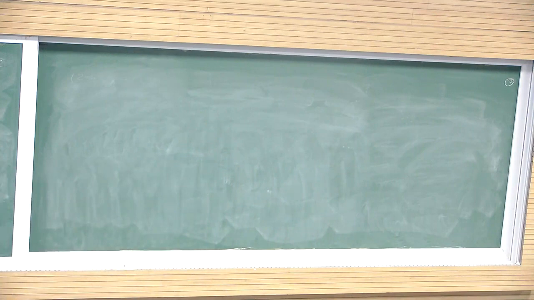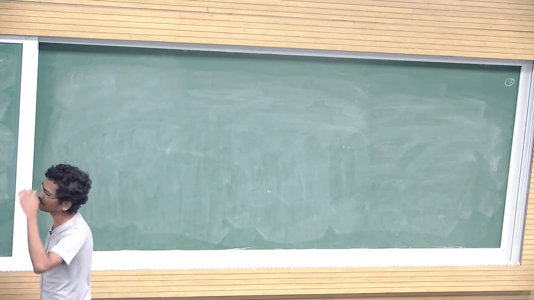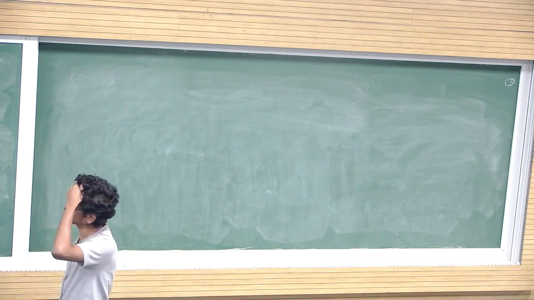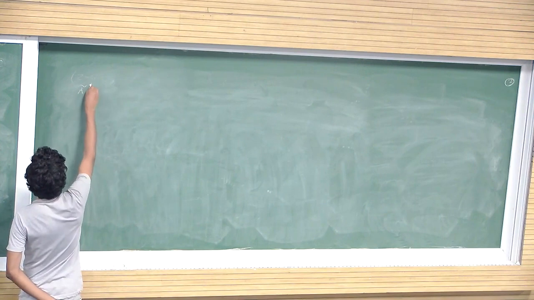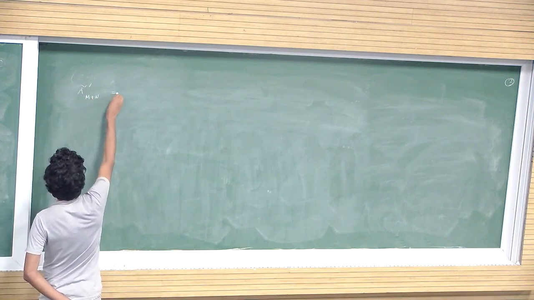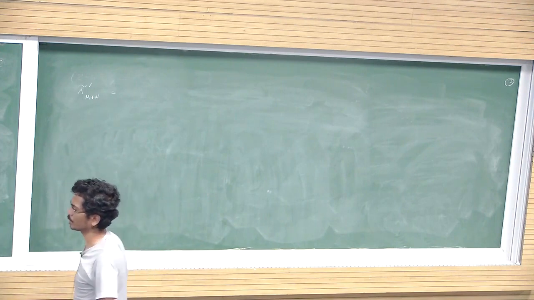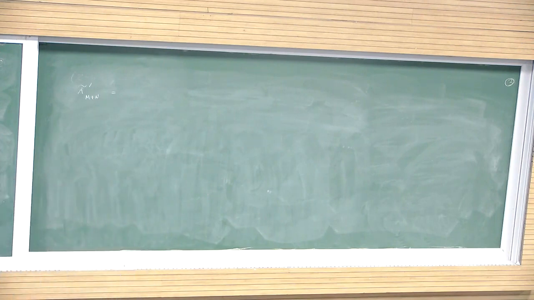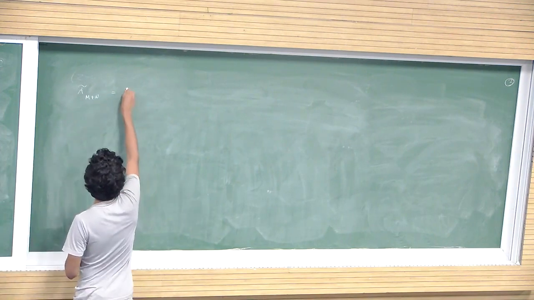Okay, so now if you make an SL2C transformation of this object, this A tilde m plus n. Let me call this some Mellin transform, A tilde prime m plus n. Or rather, let me write it in this way. So A tilde m plus n, this is like, say, vacuum.